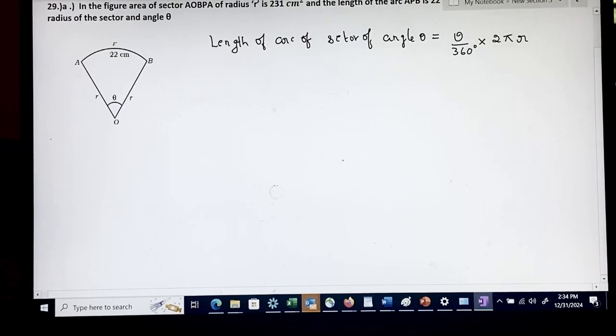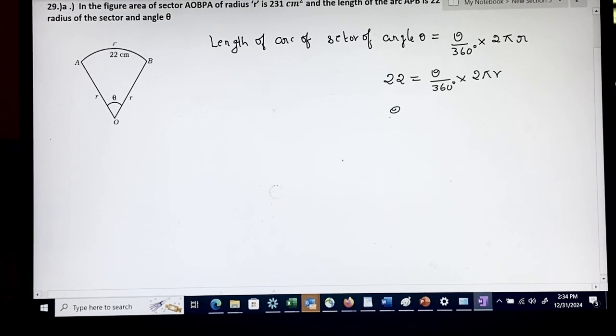Now we know the length of the arc. It is already given as 22 centimeter, that is 22 is equal to theta, which we don't know, by 360 degrees into 2 pi r. Now I'll take this 2 and simplify the equation.